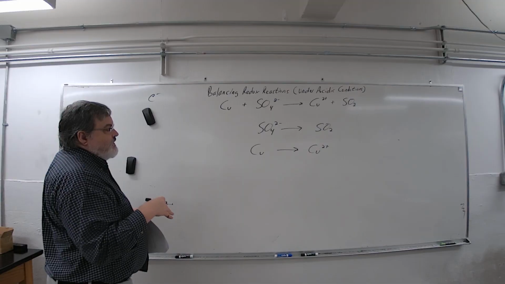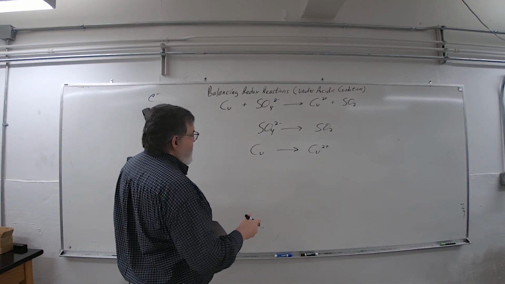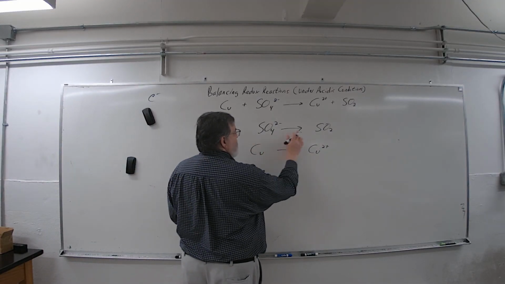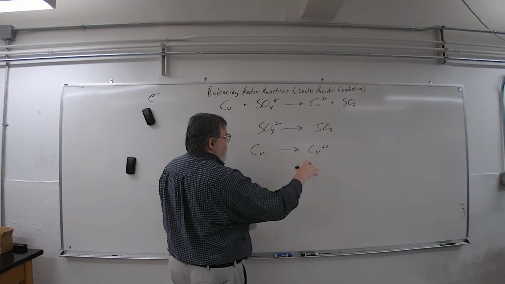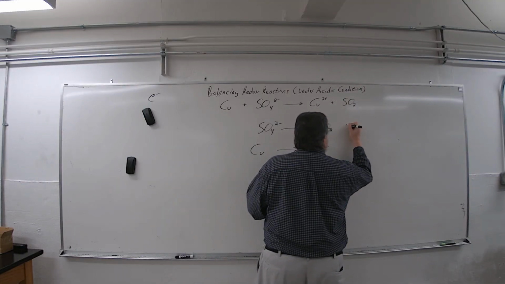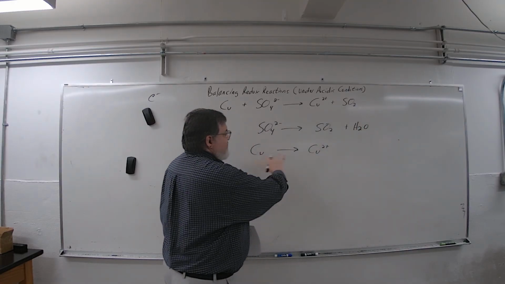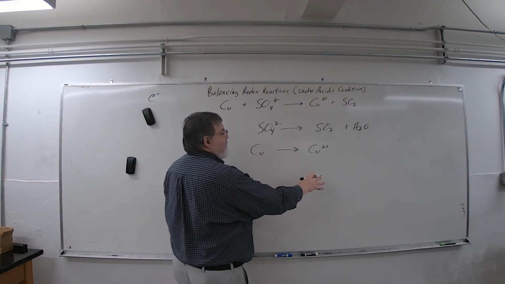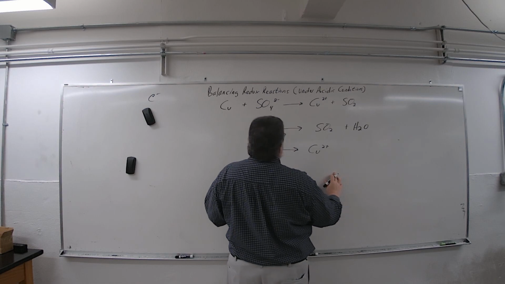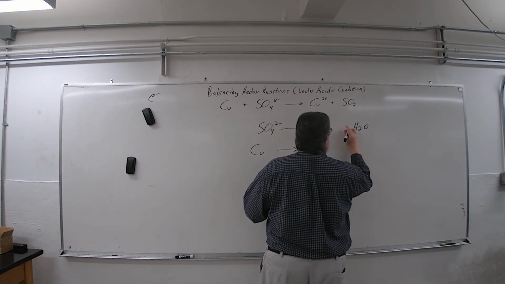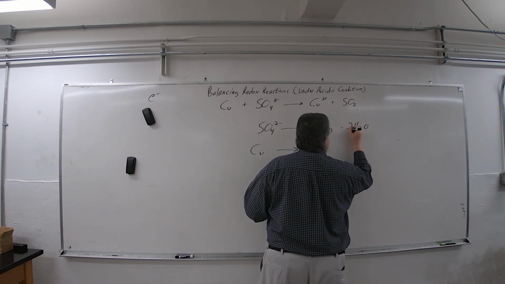Balance everything that's not oxygen or hydrogen, but they're balanced. One's U, one's U, one S, one S. Balance oxygens with water. There's no oxygens down here, so I don't need to do anything here. Two of those, right?